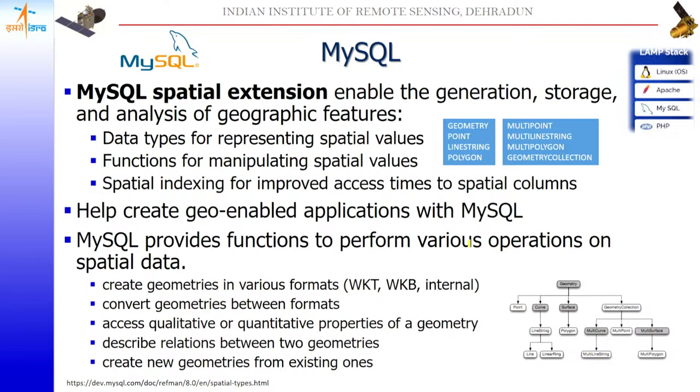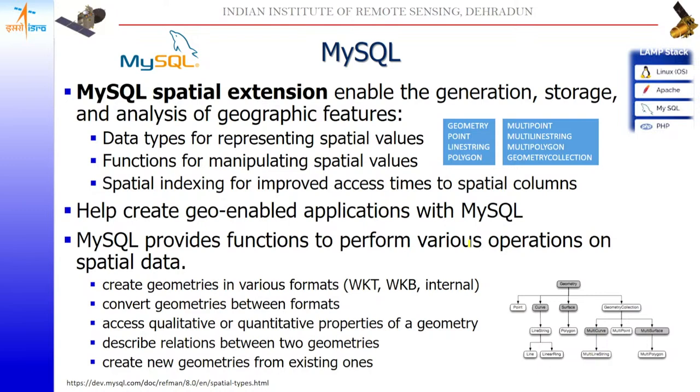Now all these open source softwares also provide a lot of functions. Maybe we can say that compared to Postgres, MySQL will have limited function capabilities, but it does provide functions to create geometries that could be in well-known text or well-known binary, or some kind of internal format is also supported.